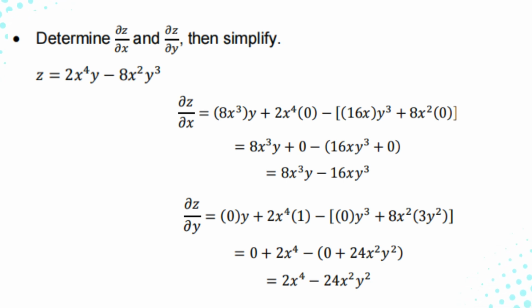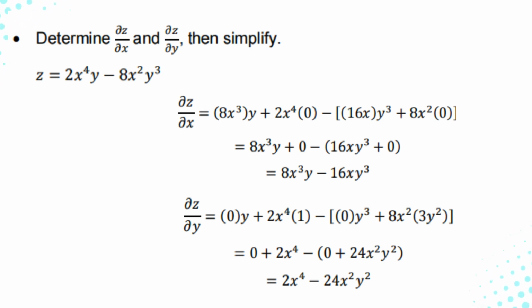So 8 times x cubed times y plus 2 times x raised to 4 times 0 equals 8 times x cubed times y plus 0. And then 16x times y cubed plus 8 times x squared times 0 equals 16 times x times y cubed plus 0. So the partial z over partial x equals 8 times x cubed times y minus 16 times x times y cubed.